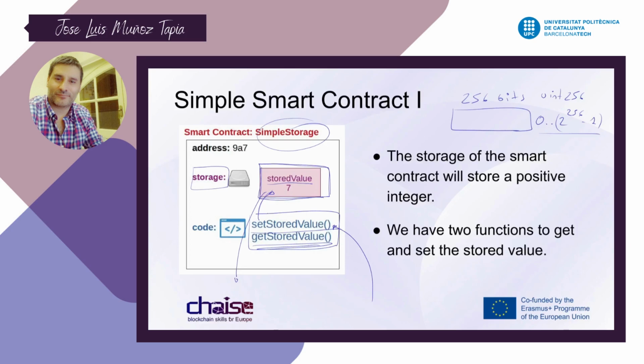We can create many more functions around this simple storage, for example, multiply by 2 the value stored, or whatever. Well, I'm going to stay with these two simple functions because I want to keep the smart contract as simple as possible, just to see some of the details about how to write it, deploy it, and call it.